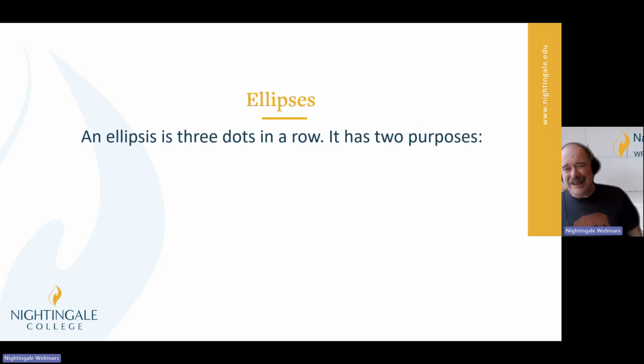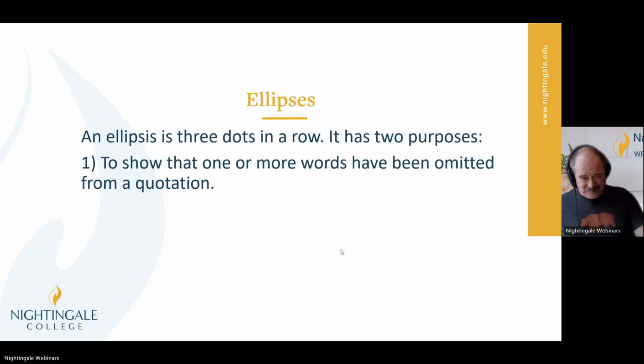All right. Ellipses: it's three dots in a row. You're not going to confuse the appearance with dashes or hyphens. It has two specific purposes. One is to show that one or more words have been omitted from a quotation.